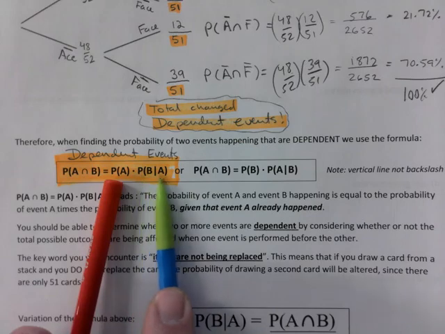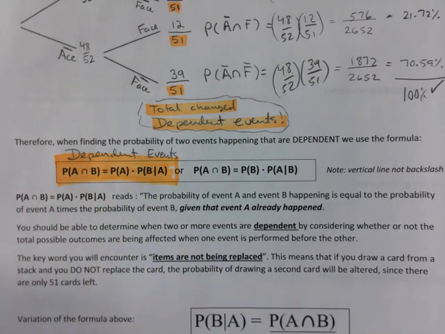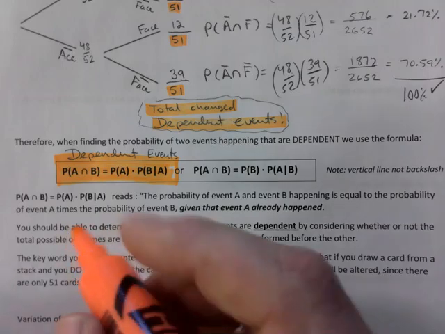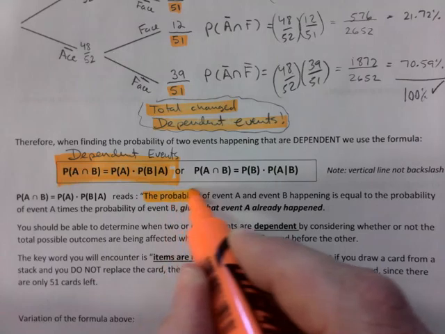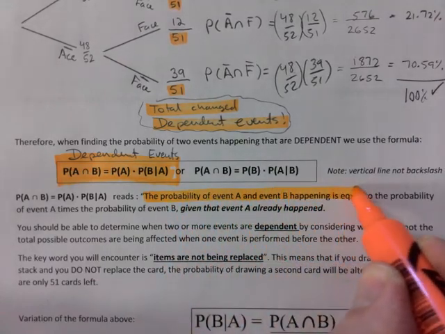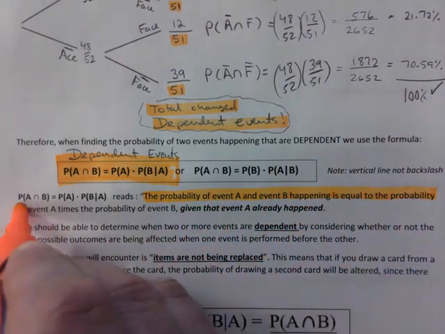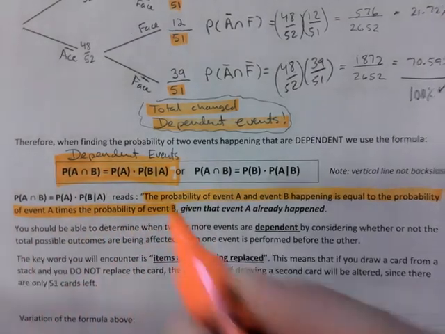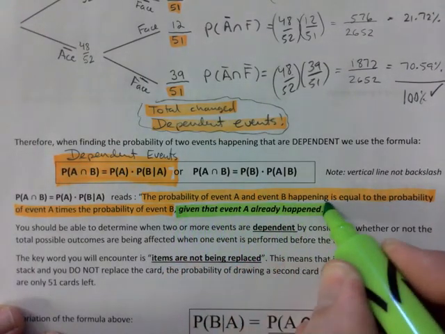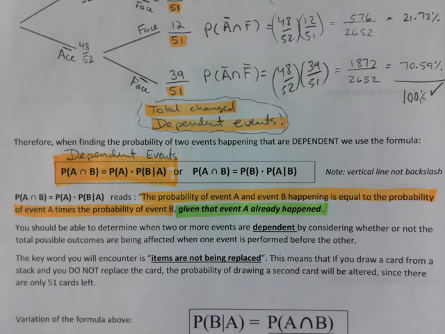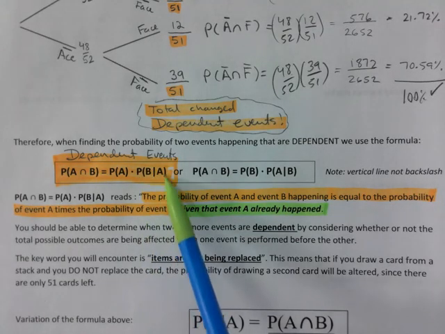That's what this notation is saying. I do clarify that here: the probability of event A and event B happening is equal to the probability of A times the probability of B, given that A already happened.